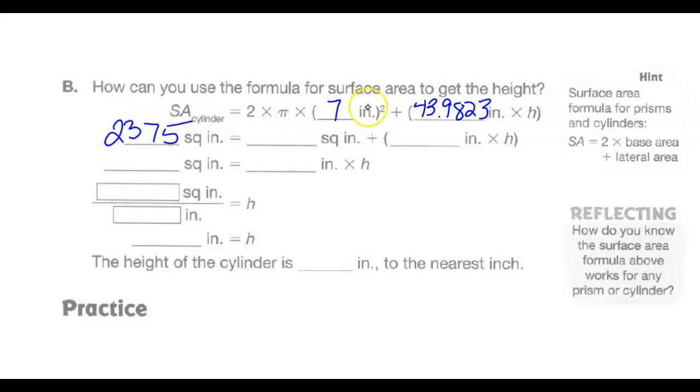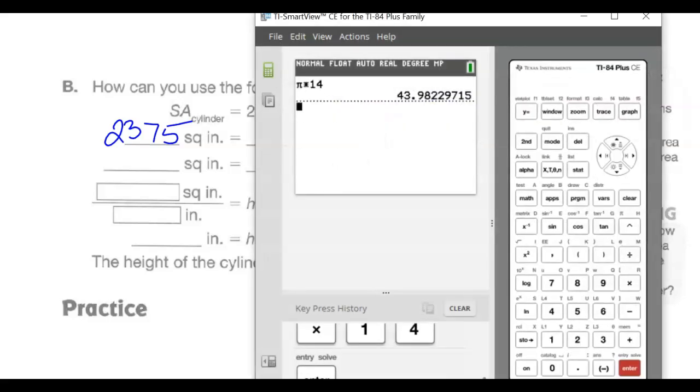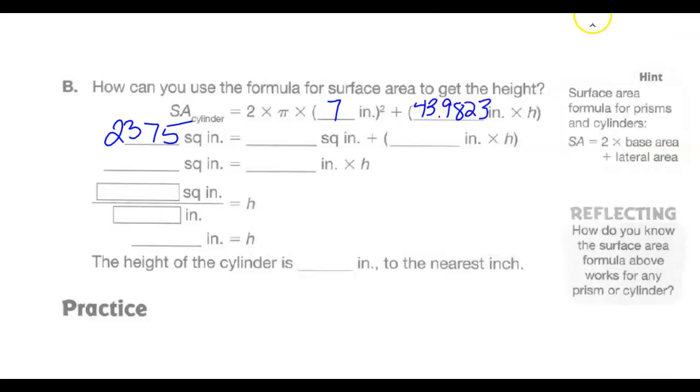Okay, so now let's do our calculations. So 2 times pi times 7 squared, because it's area. And there's 2 circles in the cylinder. So 307.8761.